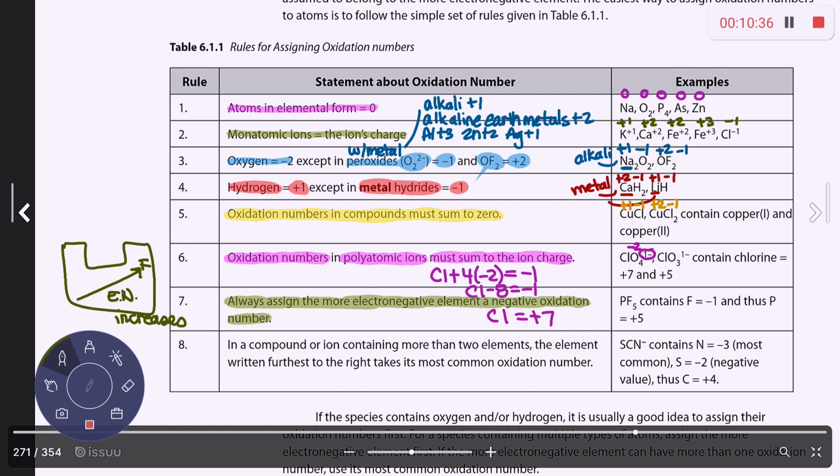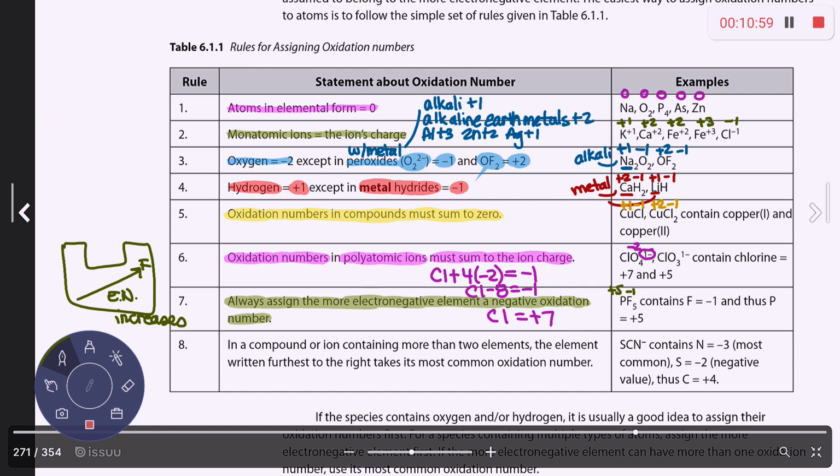Okay, so that's why, generally speaking, the halogens are -1, because they generally are going to be the more electronegative element in a compound that you're looking at. So over here for PF5, fluorine is more electronegative than phosphorus. Assign fluorine, then figure out P. If this is a -5 on the right side, that means P would have to be a +5.